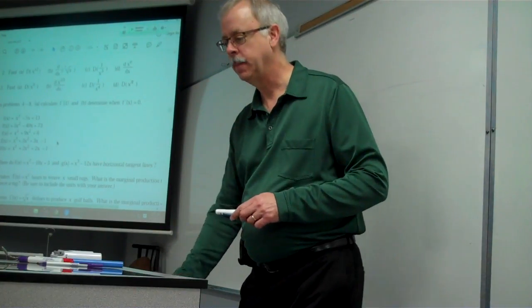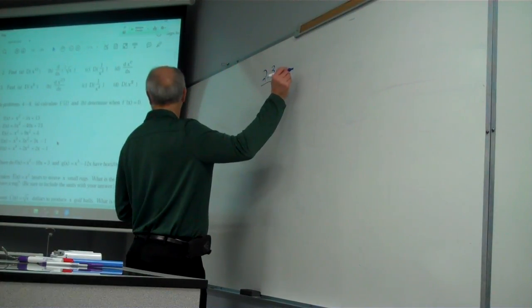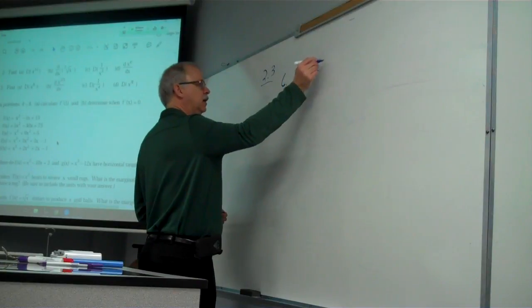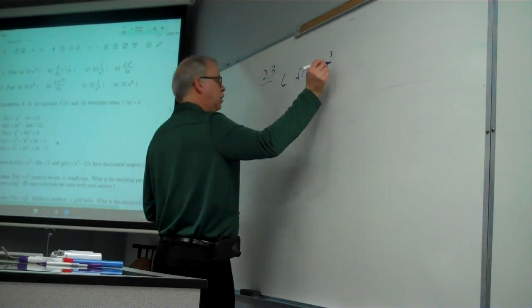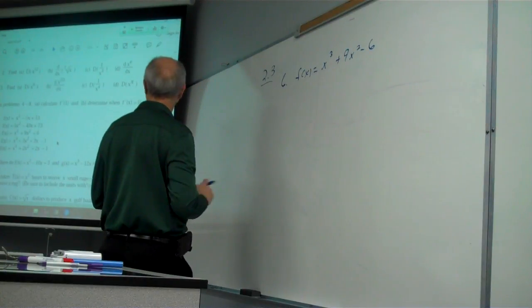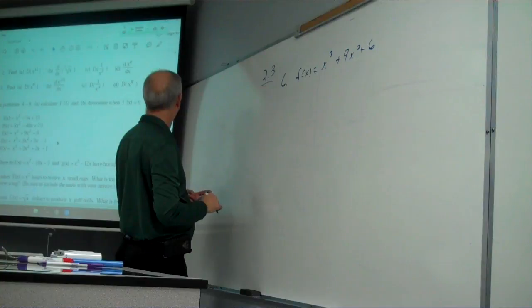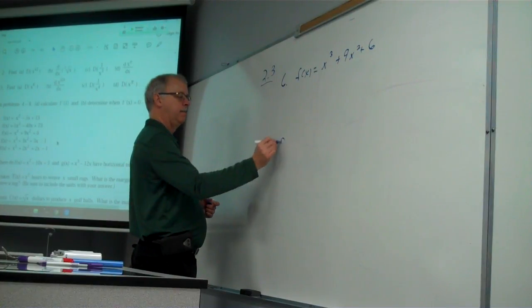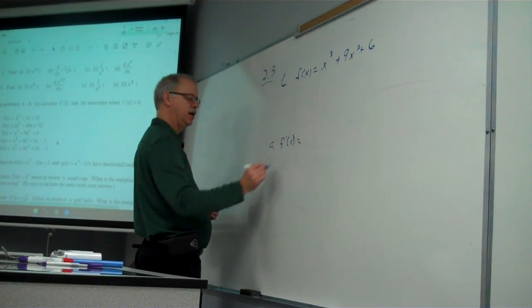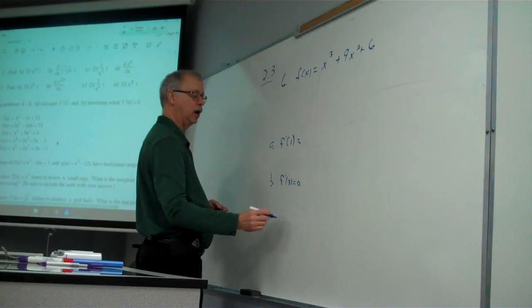Number 6: we've got the function f of x is x cubed plus 9x squared plus 6. And we want to calculate f prime of 1 and determine when f prime of x is 0.